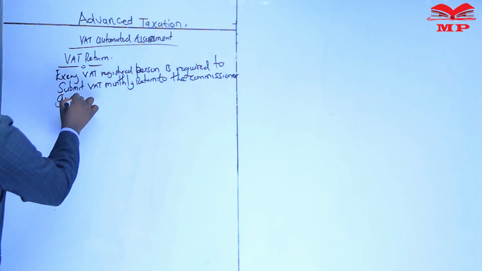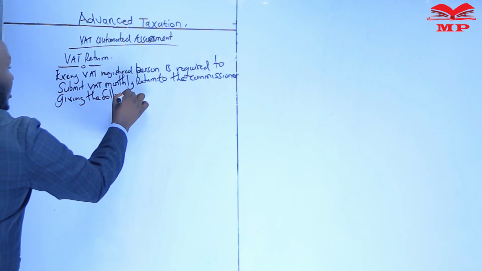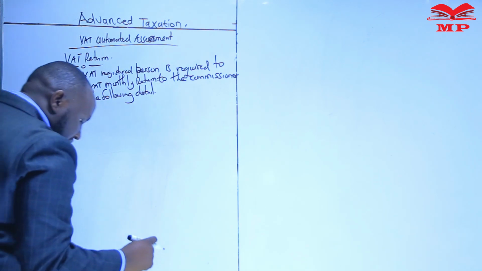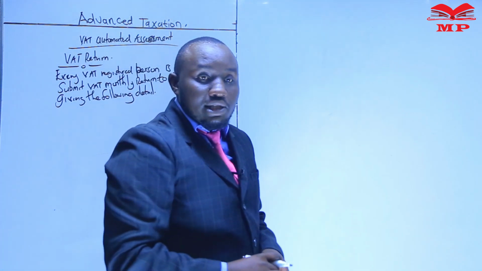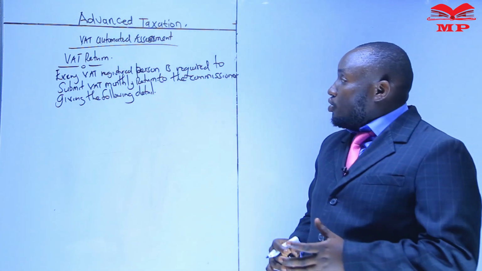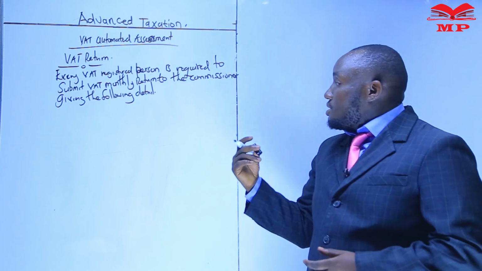giving the following details. So basically, when you talk about the monthly returns, if you go to the iTax, this information is in the iTax now. What are some of the details that you need? The sales that were made, purchases that were done.